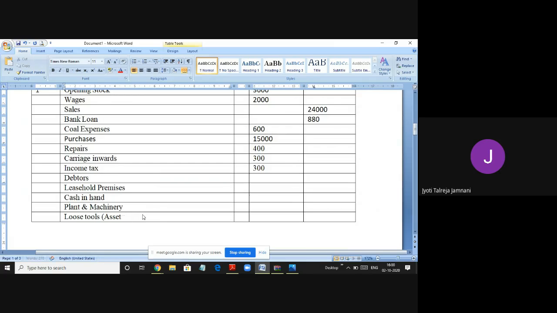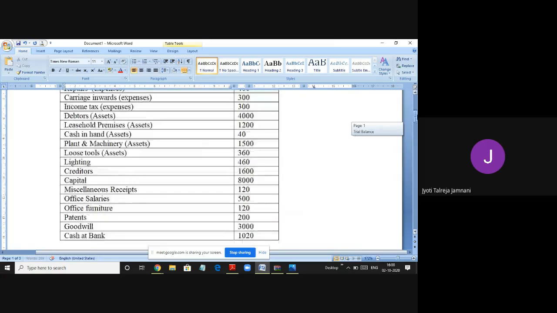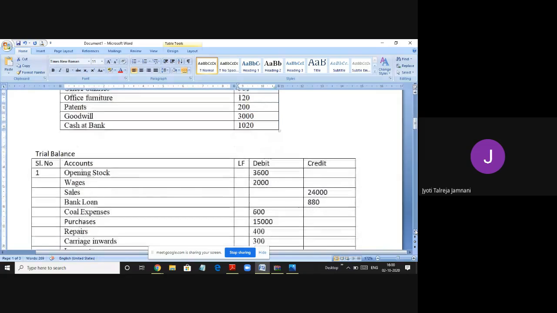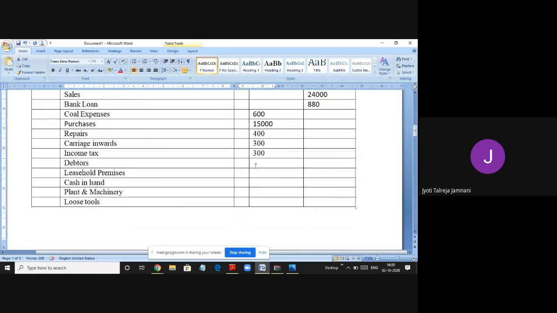How to ensure that your trial balance is correct or wrong? When we total it at the end, the debit and the credit side totals should match. If both the totals are equal, only then you will say that you have done the trial balance correctly. Otherwise, you have taken something wrong somewhere.